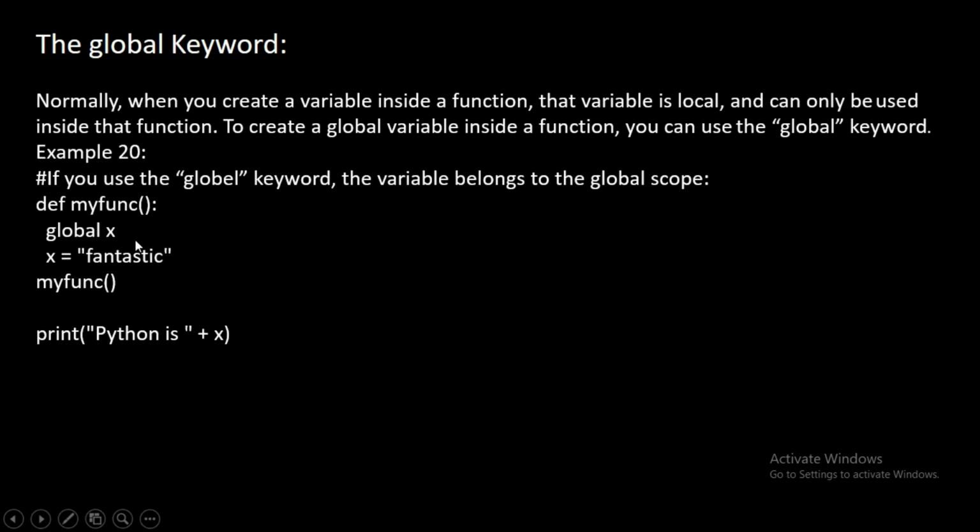We have declared it inside the function, but now we are using this variable name outside the function. Let's see what will happen after running this. You will see Python is fantastic, and this is because of the global variable, because it can be used in the whole program. It is declared inside the function, but we can use it outside the function as well.